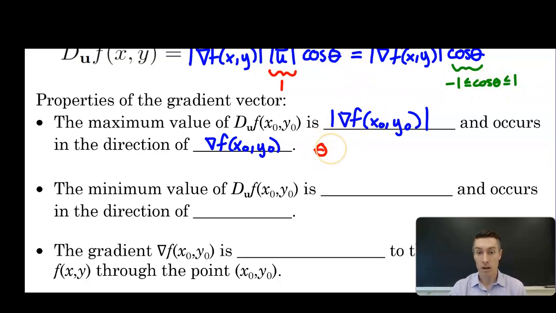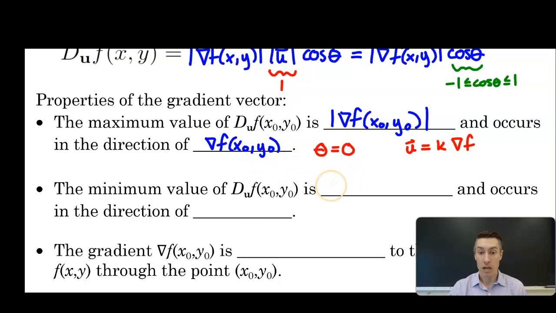Right? So here the assumption is the angle between the two vectors is 0, which means we would want to pick a unit direction vector that's some scalar of the gradient vector. Okay? They don't have to be the same vector, so to speak, but they need to go in the same direction so that the angle between them is 0. That's what would give us the maximum rate of change.